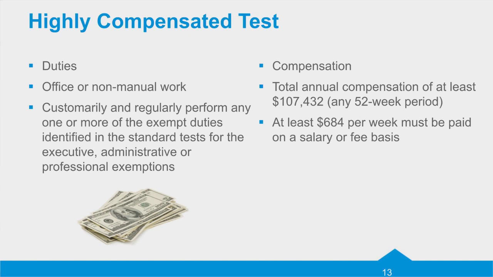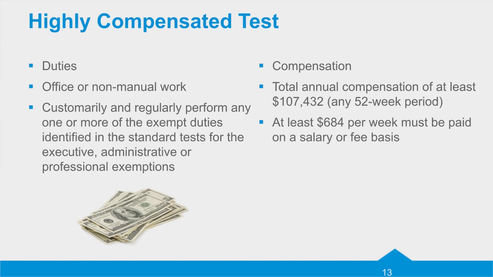But it's really looking at, it kind of substitutes for one of those requirements. It will substitute in for that compensation. So basically, the more someone makes, they're saying, okay, well, we're going to relax some of the duties test because they're making so much, but they still have to be customarily and regularly performing an exempt duty.